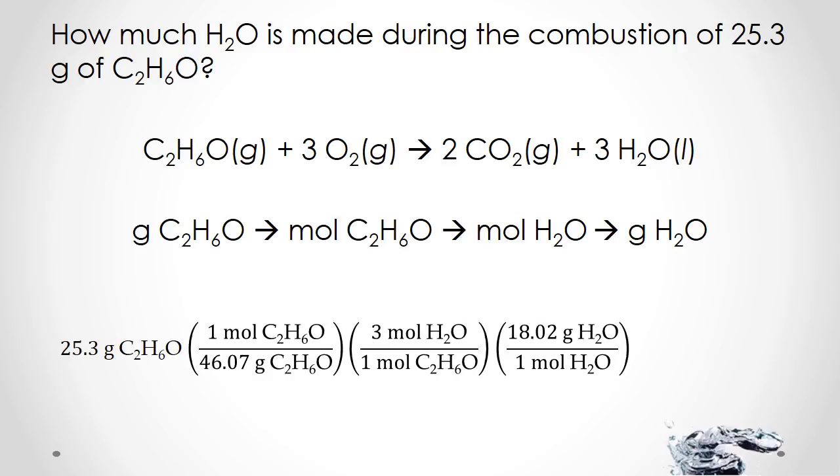Finally, 18.02 grams of H2O goes on top, 1 mole of H2O goes on the bottom. When I look back, all my units are going to cancel out. The grams of C2H6O cancel out, the moles of C2H6O cancel out, and the moles of H2O cancel out to give me grams of H2O. Plug everything into your calculator and you're going to get 29.7 grams of H2O out.